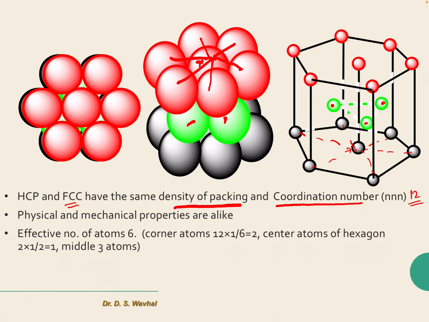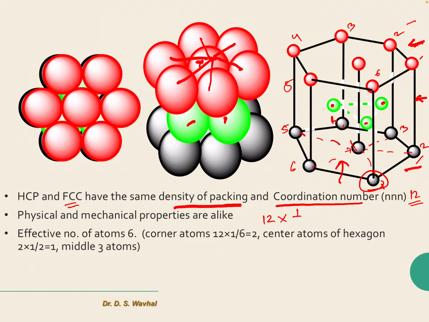Now you see, in this unit cell, in this plane there are 7 atoms, in this plane there are 7 atoms, and in the middle plane there are 3. Now there are 6 corners here, 1, 2, 3, 4, 5, and 6. And also here 6, 1, 2, 3, 4, 5, and 6. So 6 here and 6 here, so total 12 are there. And the contribution of each one to this unit cell is 1 by 6.